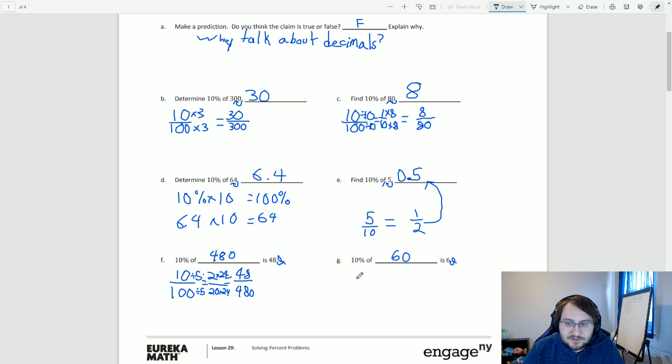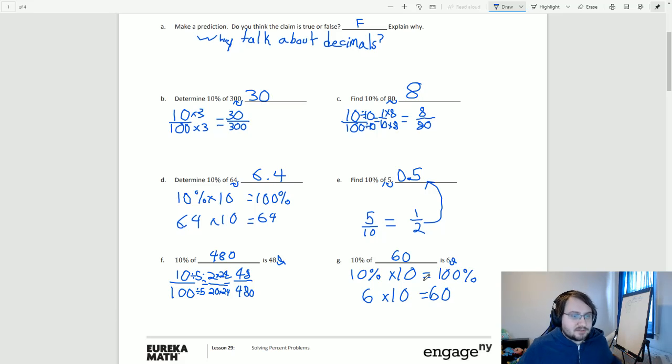Well, 10% times 10, I'll rewrite that down here so that we know that we're using it. 10% times 10, that's going to give me my 100%. That means I need to take my part here, which is 6, and I need to multiply it by 10 as well. Oh, and would you look at that? 6 times 10, that gives me 60.